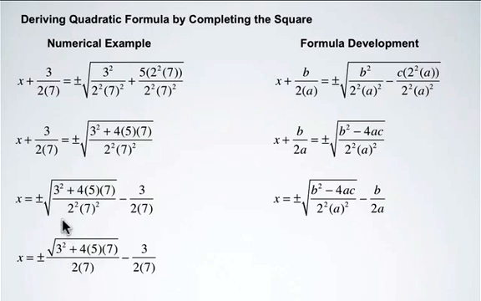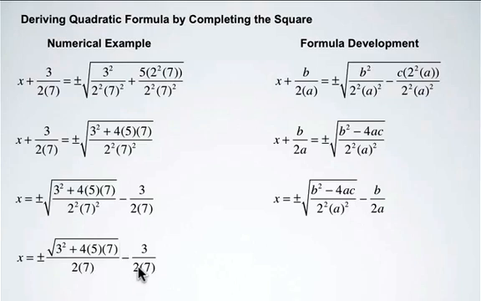What we did here is we square rooted the bottom denominator. Square rooting squares will remove the squares. So now we have 2 times 7. And the top will remain.